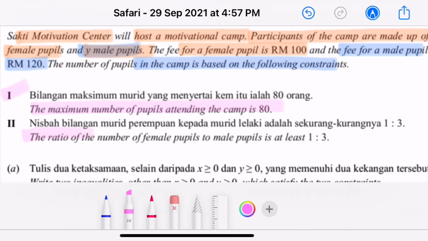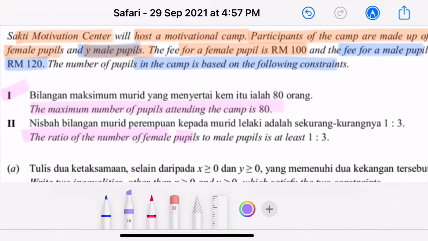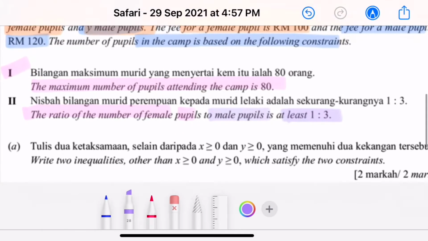Number 2, the ratio of the number of female pupils compared to male pupils is at least 1:3. We have to write inequalities, other than x greater than or equal to 0 and y greater than or equal to 0, which satisfy the two constraints.